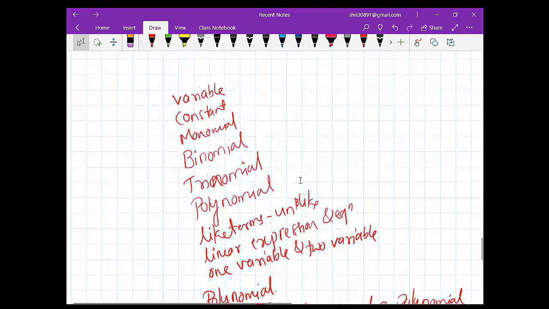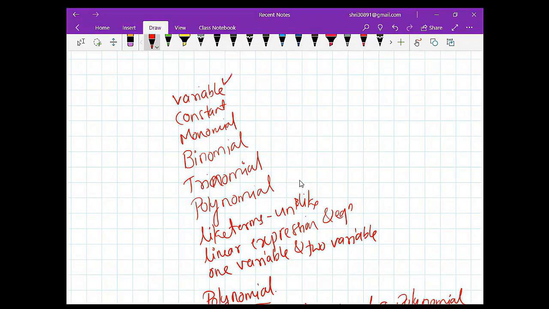I'm going to repeat once again. Variable means it is always going to change, and we denote it with small letters. Constant is a fixed value; there is no change. Monomial, only one term. Binomial, two terms. Trinomial, three terms.